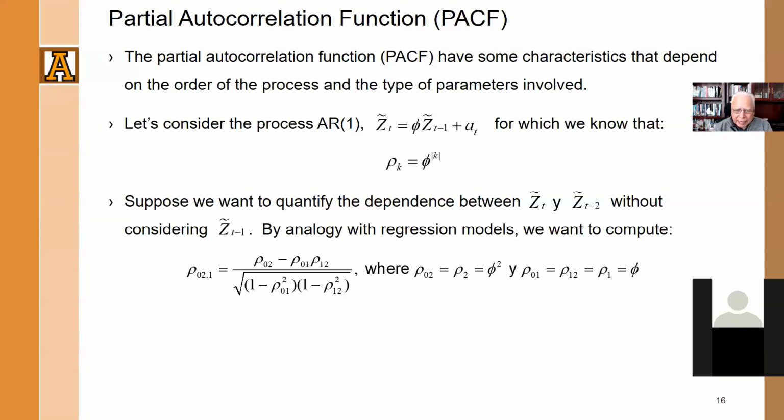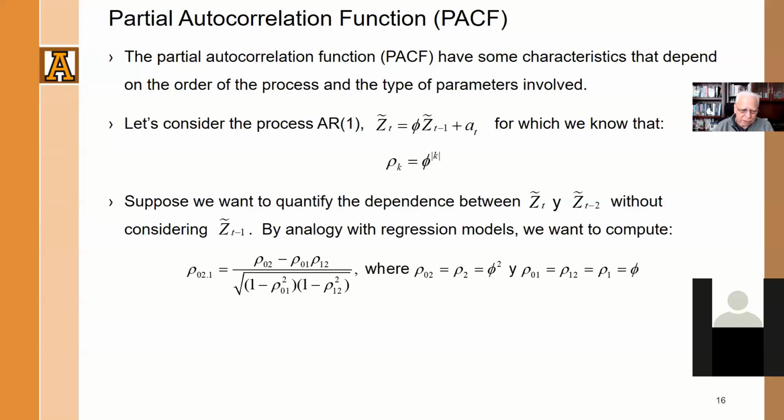This is by analogy with regression models, when we add a variable and want to see how much an additional variable contributes to the regression equation, given that the other variable is already there. That thing that we estimate in regression is the equivalent of what we're calling the partial autocorrelation.